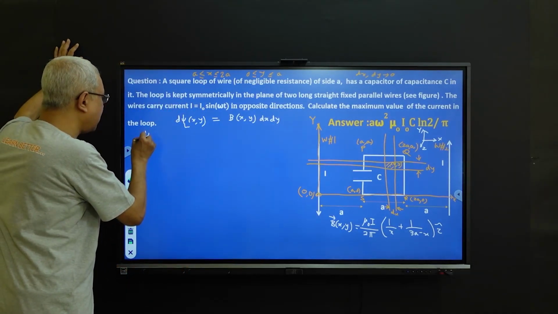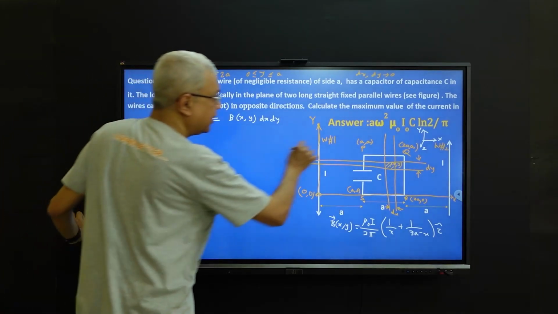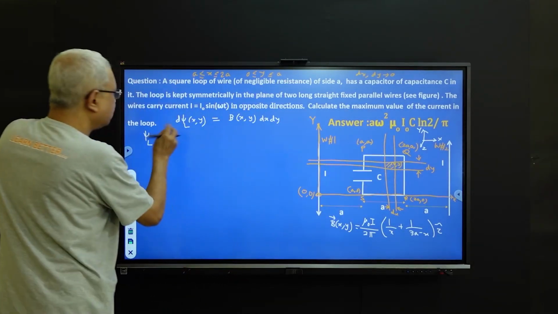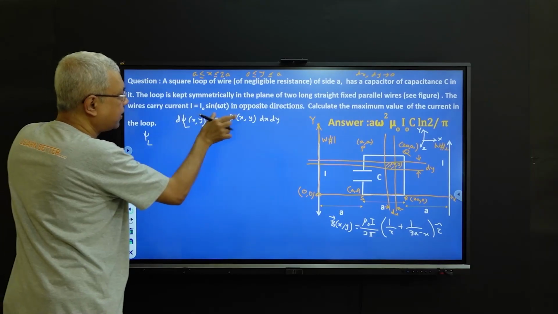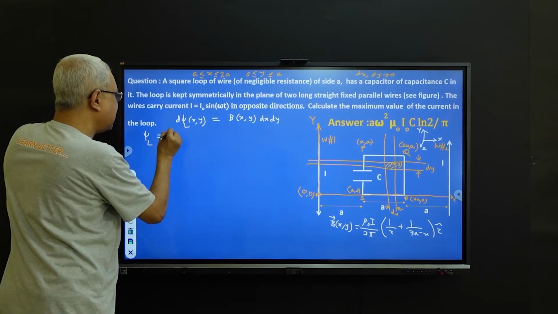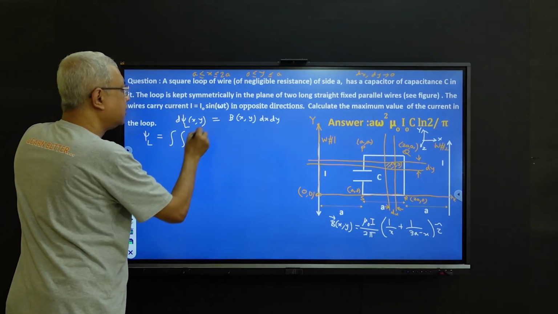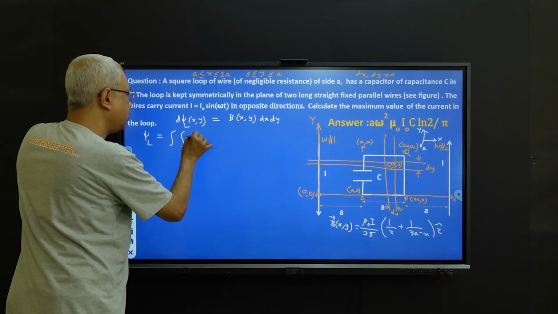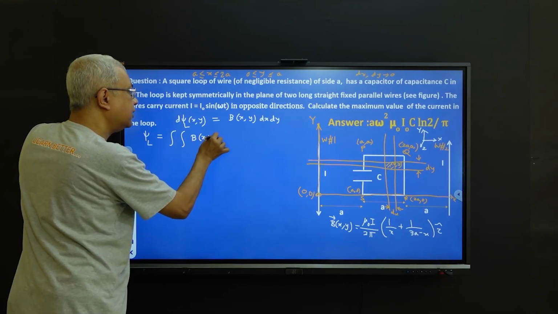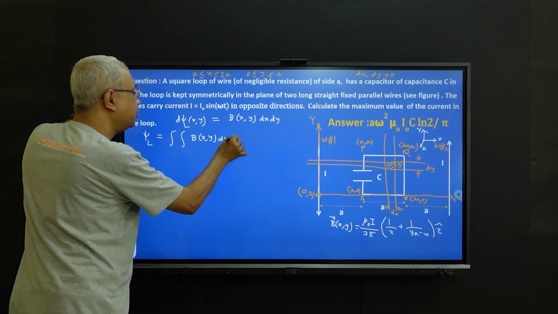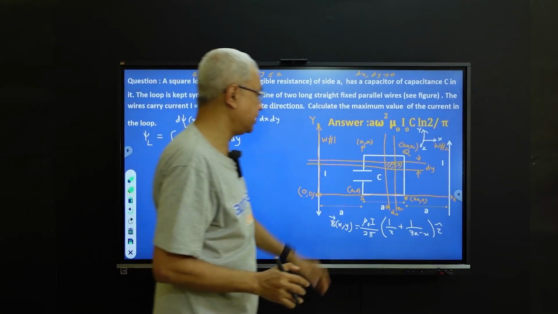Therefore, what is the total flux linkage through the loop? I have to sum up all these elementary fluxes, so it is nothing but the integration of B(x, y) dx dy, and you have to carefully choose the limits of integration.